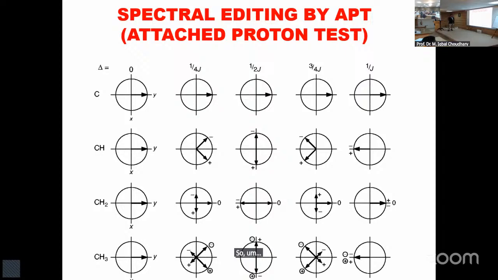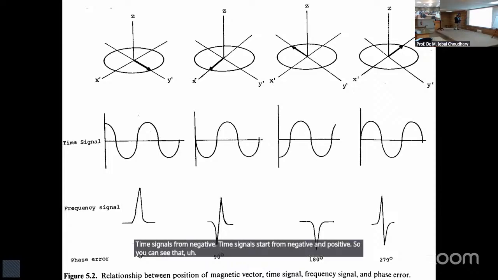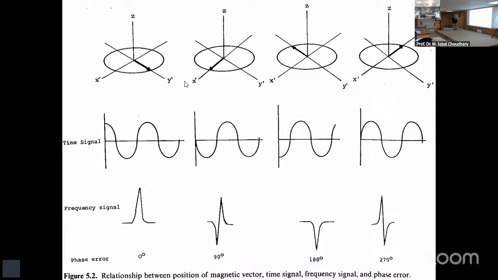So this is called the attached proton test, and this is what I was showing. This signal starts from positive, this signal starts from negative, this signal starts from negative and positive. So you can see this is your CH2.